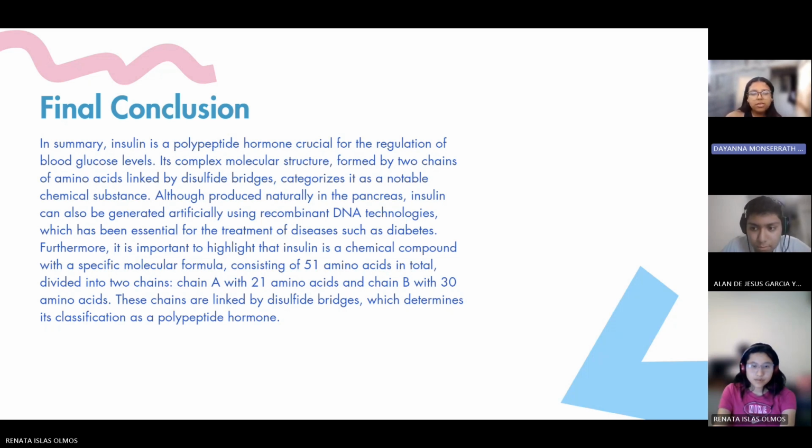Furthermore, it is very important to highlight that insulin is a chemical compound with a specific molecular formula, consisting of 51 amino acids in total, divided into chains: chain A with 21 amino acids and chain B with 30 amino acids. These chains are linked by disulfide bridges, which determines its classification as a polypeptide hormone.